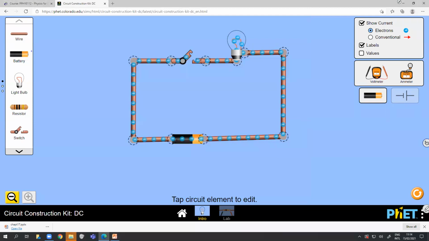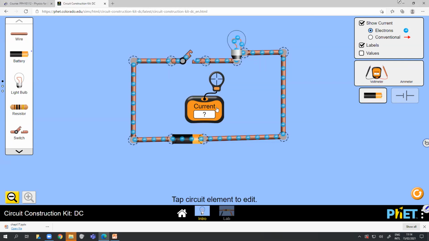Now on the right hand side we have got voltmeters and ammeters that can be hooked to the circuit. Let me start with the ammeter. This is the ammeter. Ammeter has two ends, the negative side and the positive side, and we can connect the ammeter to this circuit.